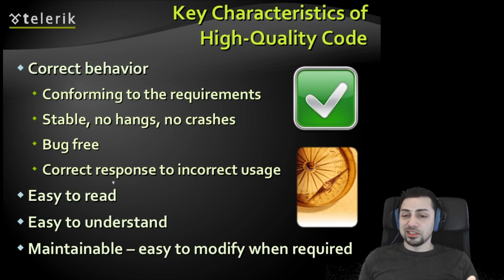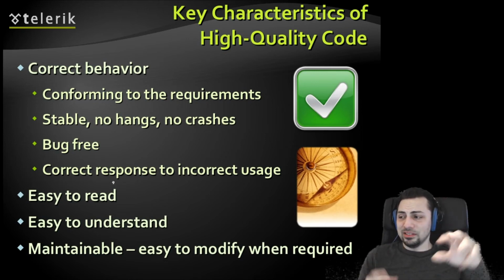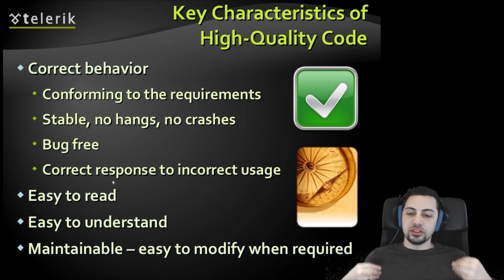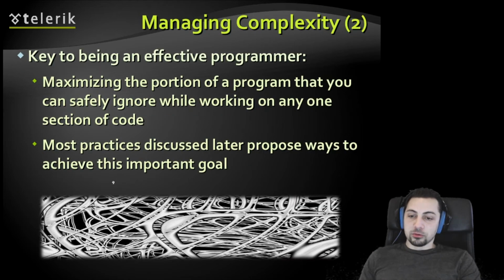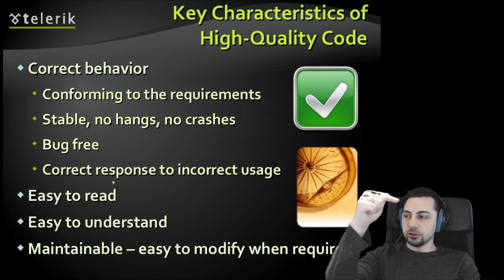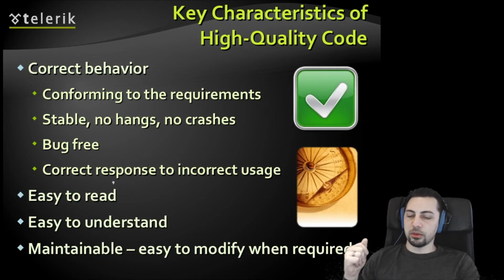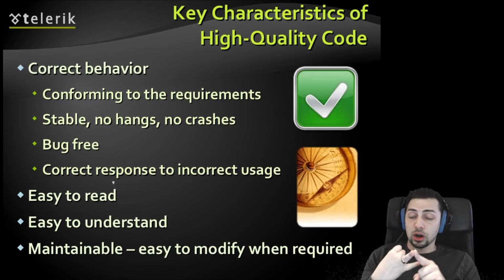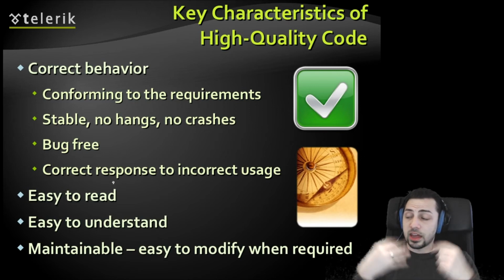With exceptions, you can just say, if something weird happens, throw up an error message and restart to some known state. And then again, it goes back to reducing the amount of the code base that you can ignore. If you know going into a particular function that you're in some stable state, as long as you ensure that when you leave the function, whether it be through exceptions or through normal means, that it's also stable.